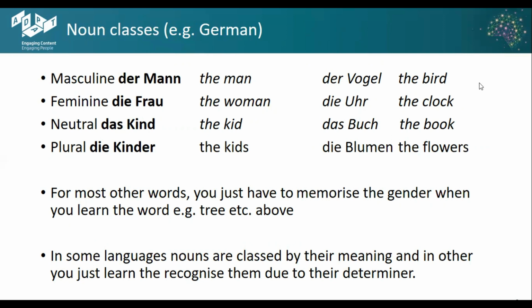In German, you have to learn which class things are in, based on der, die, das, or die, and you just have to memorize that when you learn the word. So it's something to keep in mind, that in other AILO puzzles a lot of the time we talk about it being very obvious that a particular noun belongs in a particular class because of the meaning, but that's not always the case.